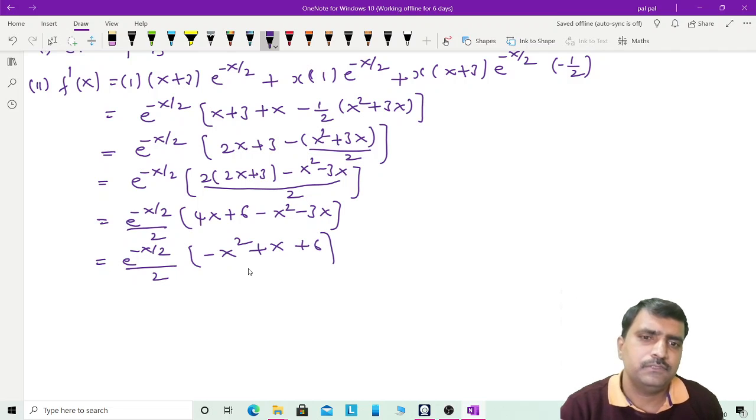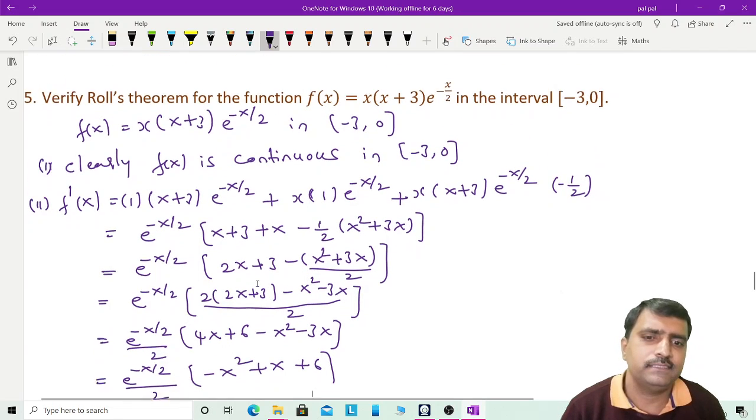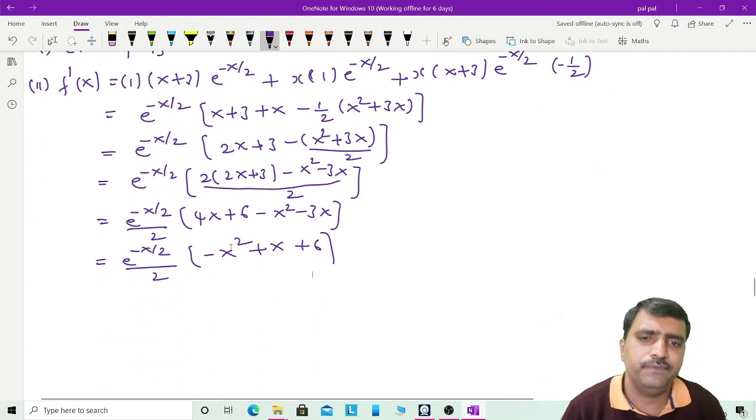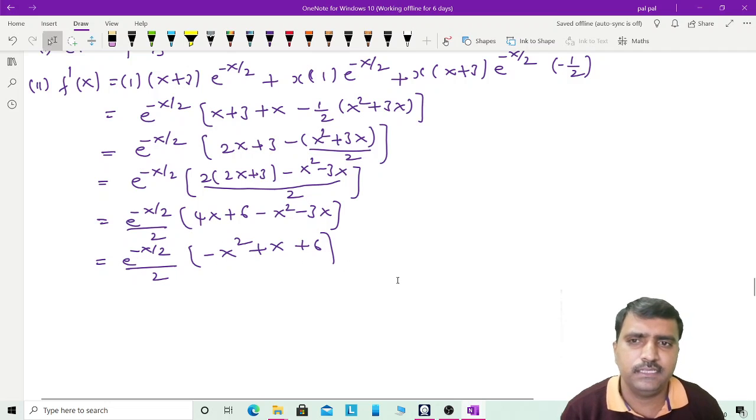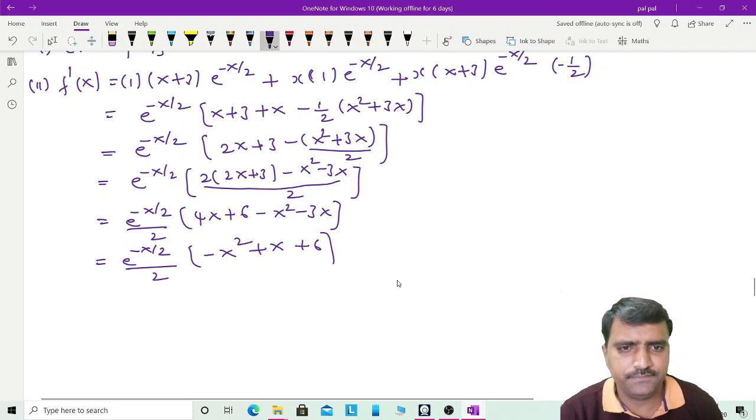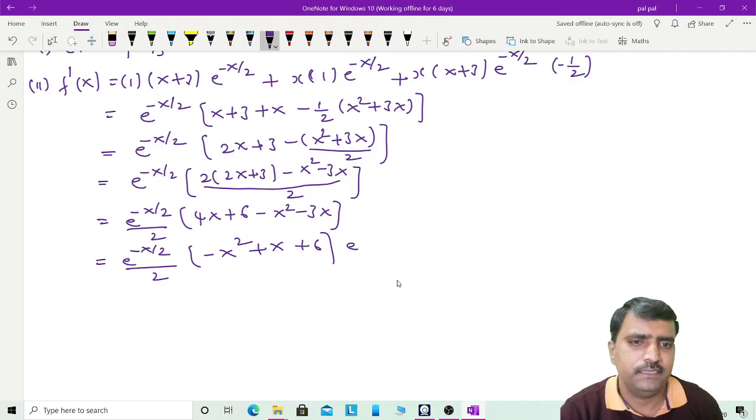Okay, so nowhere is it infinity in the interval minus 3 to 0. For no value does it give infinity or an indeterminate form. So right, f dash of x exists in minus 3 to 0.